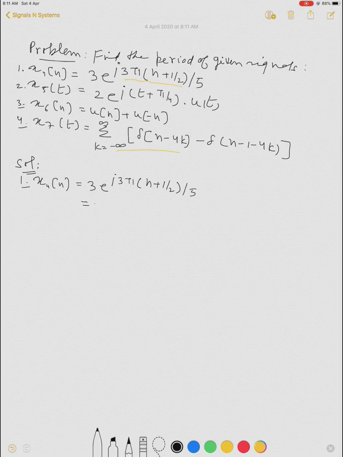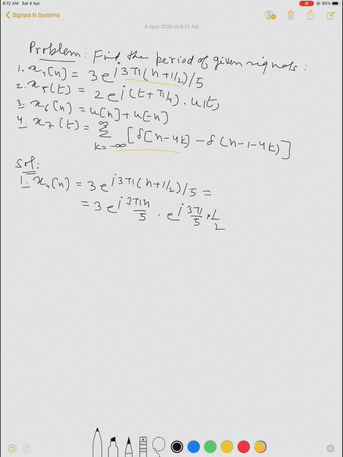Simply expand or simplify this: e raised to power j 3 pi n by 5, and e raised to power j 3 pi by 5 into half.